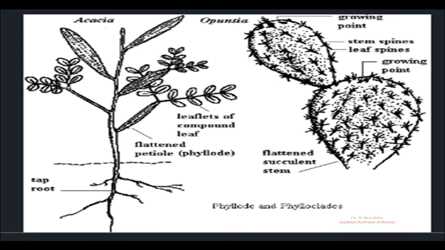And I am giving diagrams for xerophytes like Opuntia, Acacia, etc., so that you can very well understand all these things and the morphological adaptations that have been taking place.